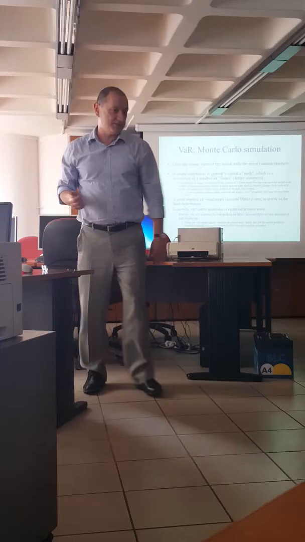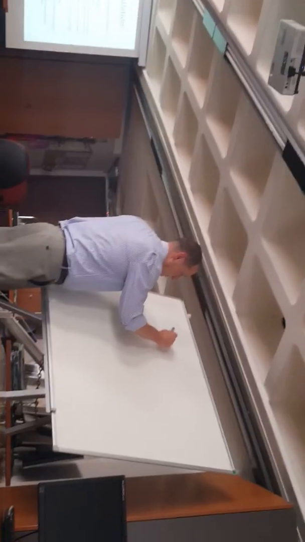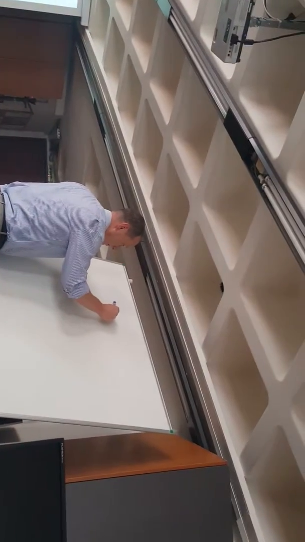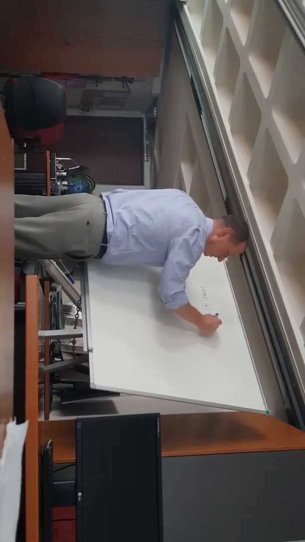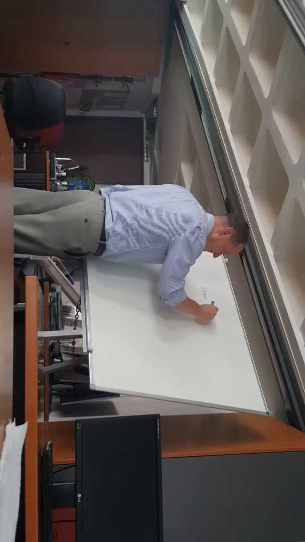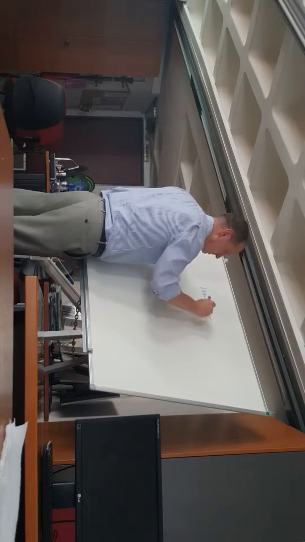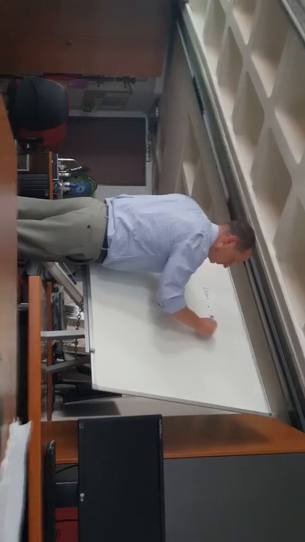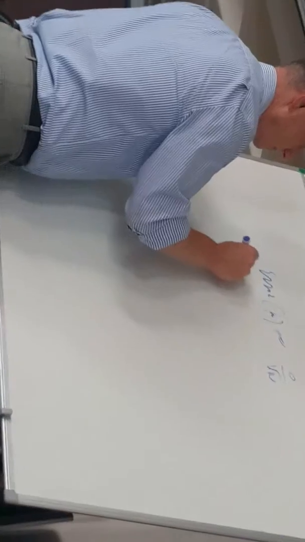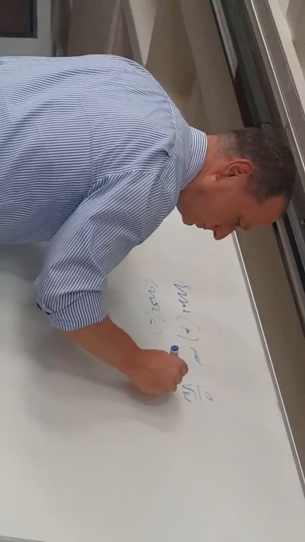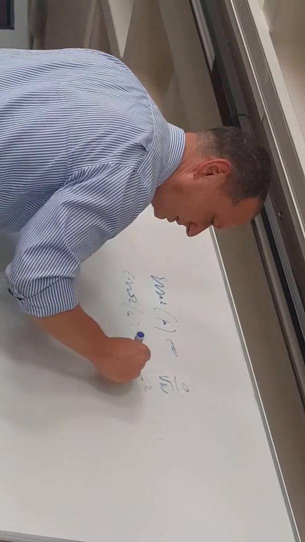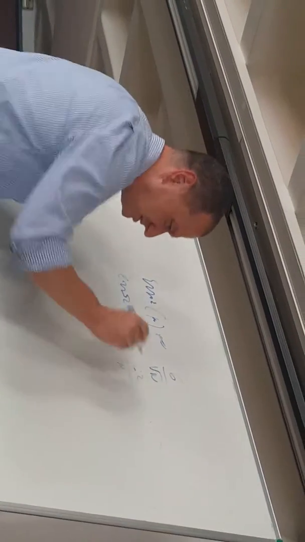And basically we said back then that the error on the mean was proportionate to sigma over square root of n, and the error on sigma, I think, was proportional to sigma squared over n.